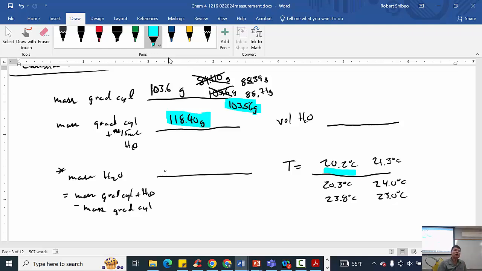So what did you get for the mass of the water on yours? Do you have a question? For volume, do I do this? No, you measure it. You got to measure it. So it's different for everything? Yes. So just redo it. What was the volume of water that you got? 14.74 grams. 15.3 milliliters.